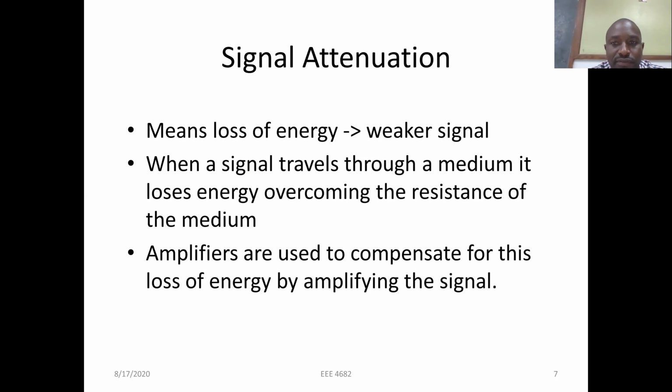And when a signal travels through a medium, it loses energy overcoming the resistance of the medium. And usually to remedy attenuation, repeaters and amplifiers are used along the way. These are intended to compensate for this loss of energy by way of regenerating the signal or by way of amplifying the signal.